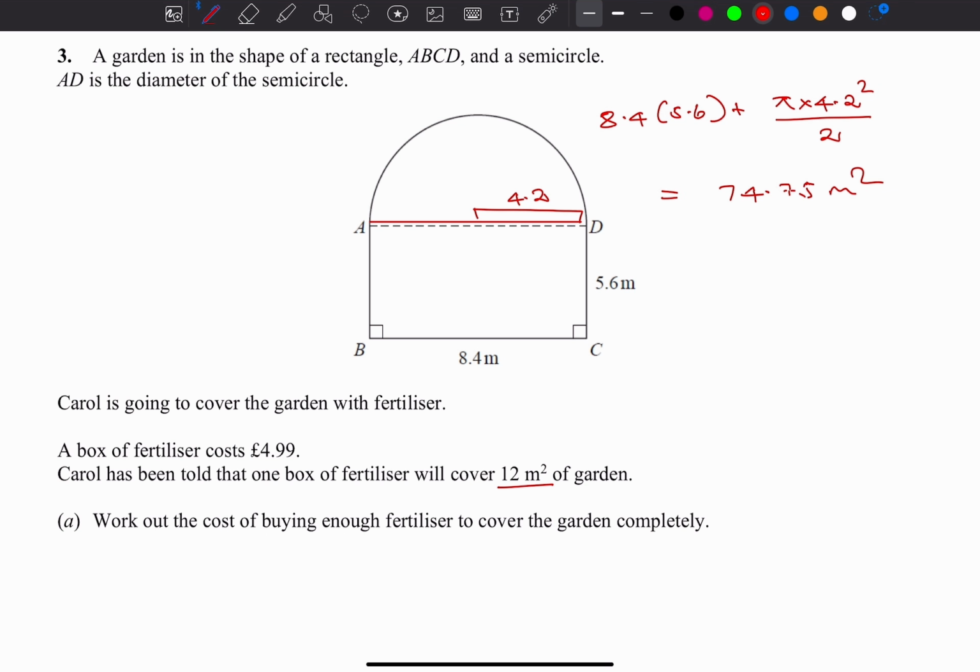So divide this by 12, which will give you 6.223. Okay, so 6.23. But you can't buy 6.23. That's a problem. You would buy 7. Okay, 7 times how many pounds? 4 pounds 99, which would make it 34 pounds 93.